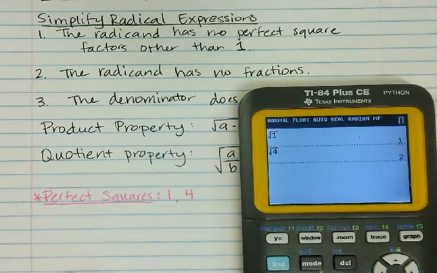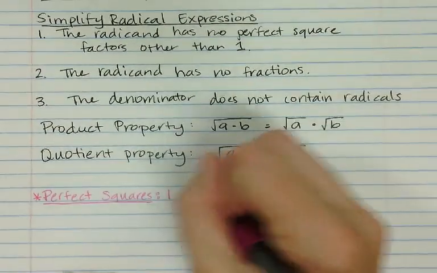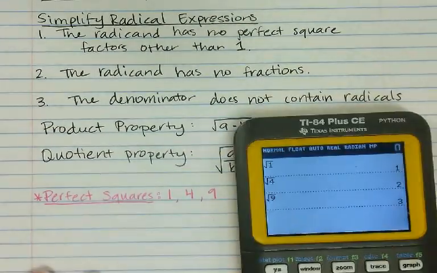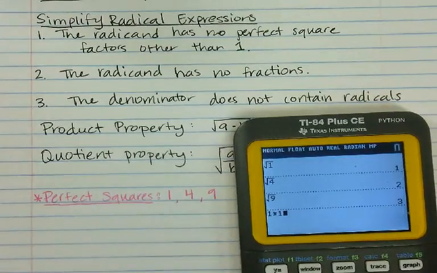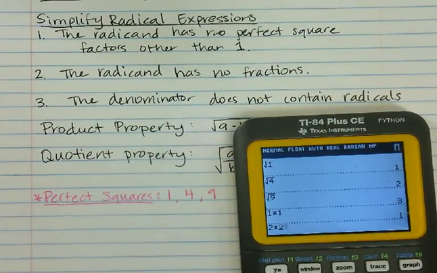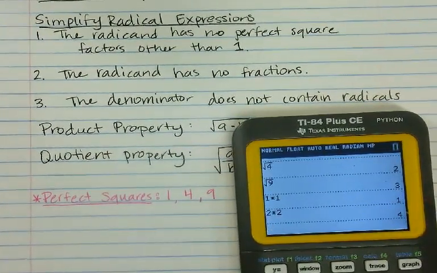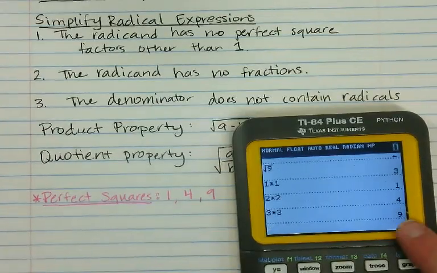Does this make sense, guys? And then so on. 9 is a perfect square because the square root of 9 is 3. So if you wanted to do this the opposite way, as we're going up here, 1 times 1 gives us 1. 2 times 2 gives us 4. 3 times 3 gives us 9.